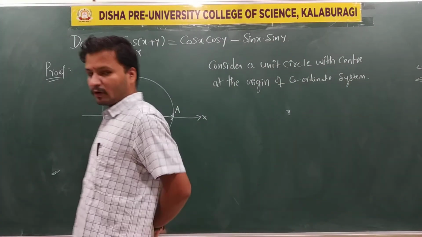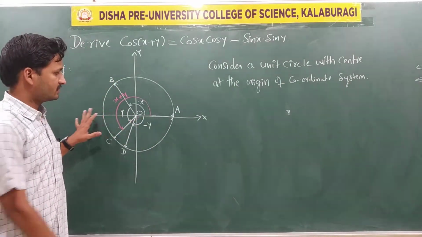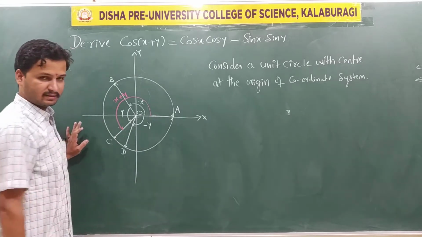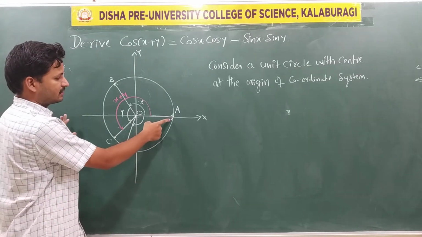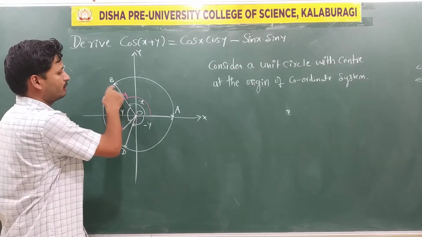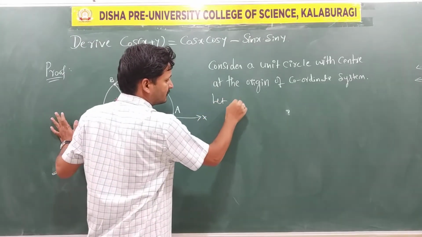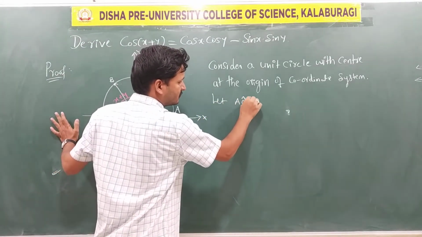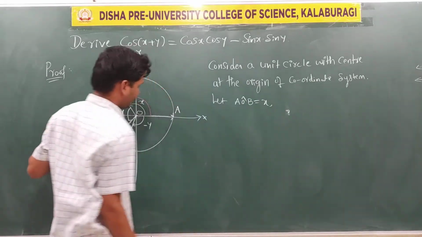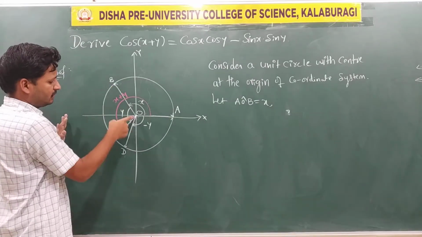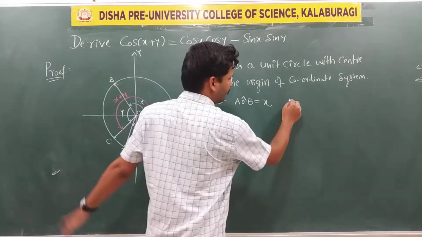Now, from this diagram, from this geometry, let us define the angles. Let angle AOB be equal to x. Next, angle BOC is y.